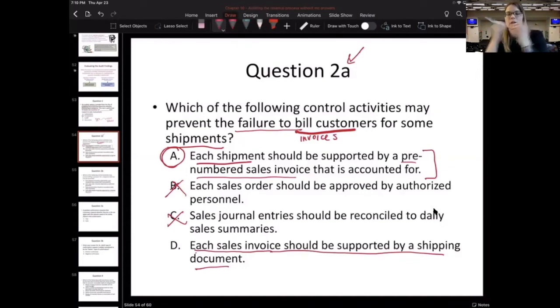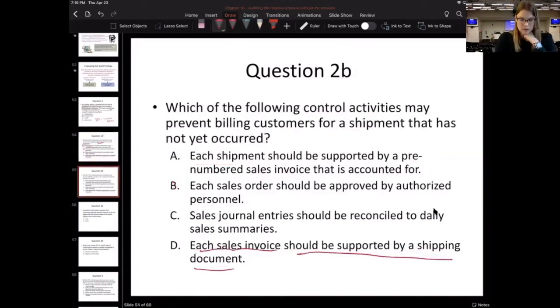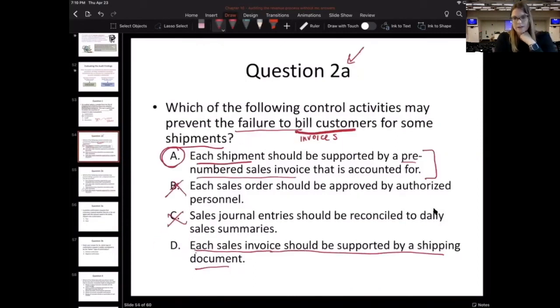So that I can do both procedures, the shipping and the billing, almost simultaneously. And then if I move forward and try to invoice something else, I would later see I missed an invoice because it's a pre-numbered system. If I looked at an invoice listing, it would be obvious that I skipped one because it's pre-numbered. Okay, so 2B is D, 2A is A.